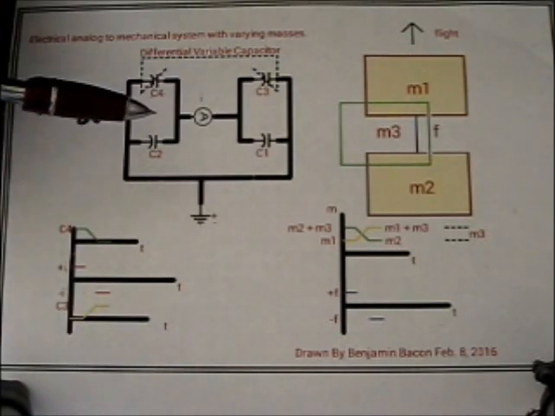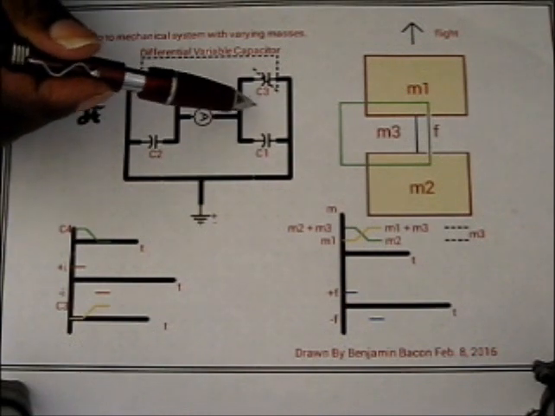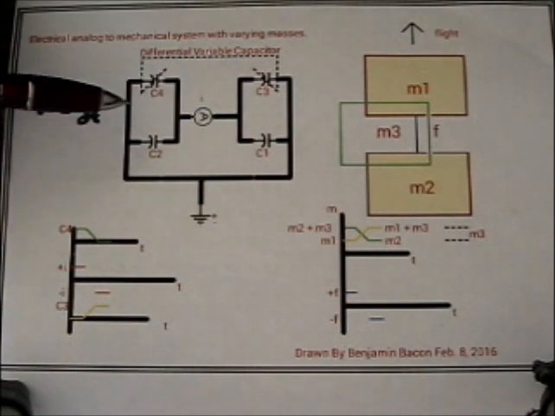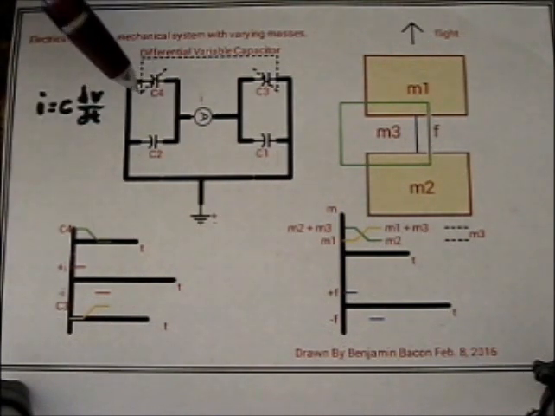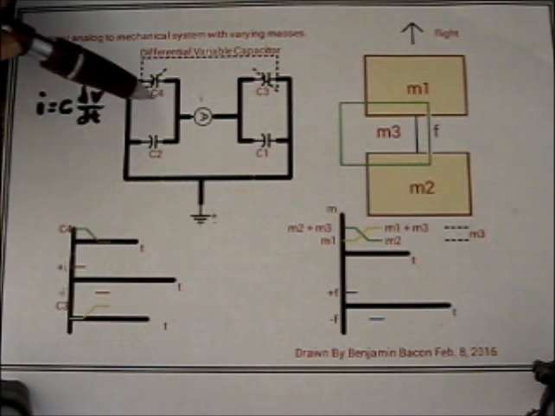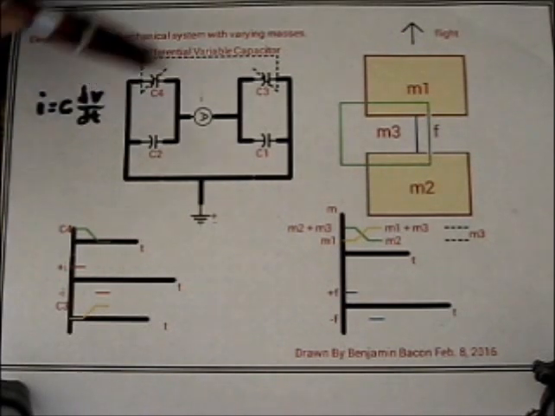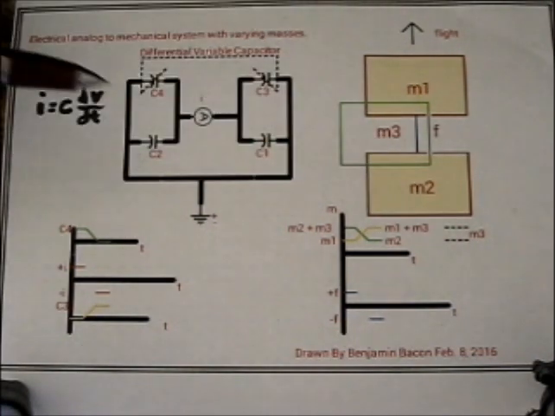And now on this one, the voltage tries to go down or descends, while the voltage on this one goes up, but it will be higher here because this has a smaller capacitance and a higher voltage, which is the analog of having a higher acceleration on M2.